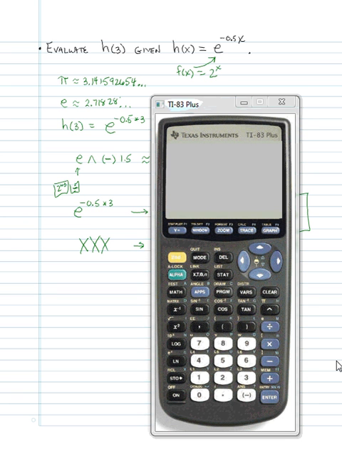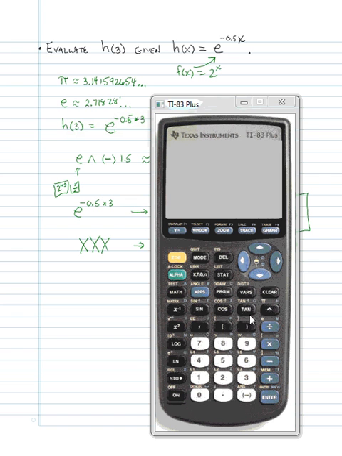As you can see, I've had a change of heart that I want to actually demonstrate this using the calculator. It's hard to see on this calculator, but if you have a TI-83 or a TI-84, the E is right here, and it's in gold.